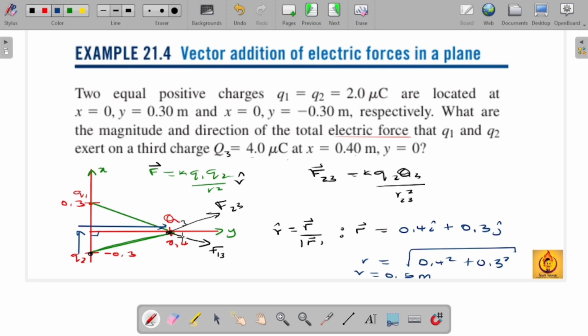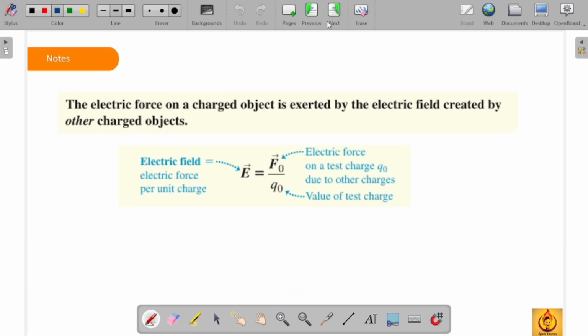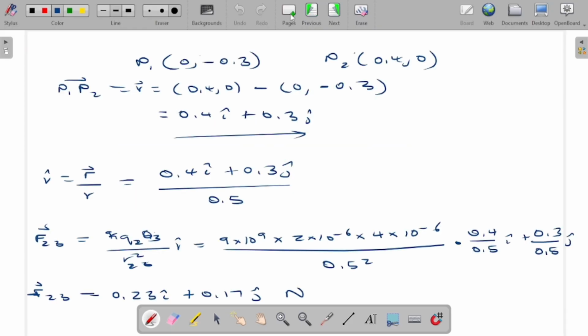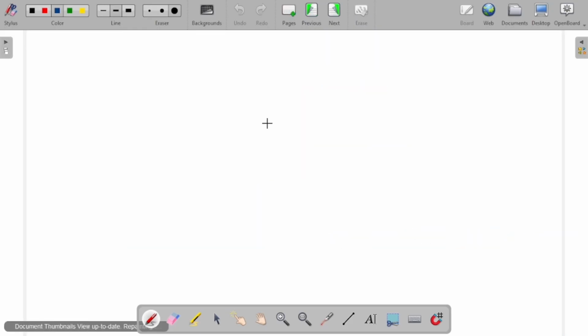So what is the vector that's from Q1 onto Q3? We will do the same thing because it was confusing that time. It was confusing to just guess. I no longer want to guess again.